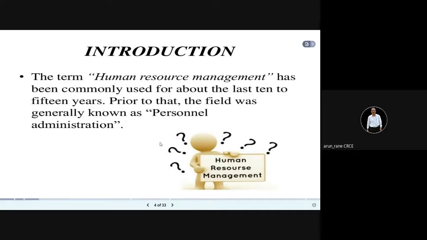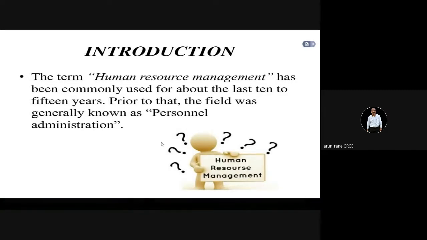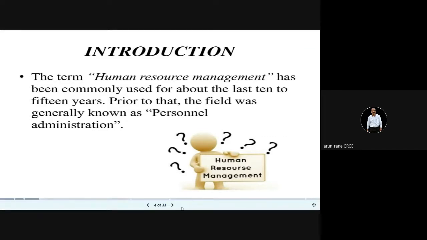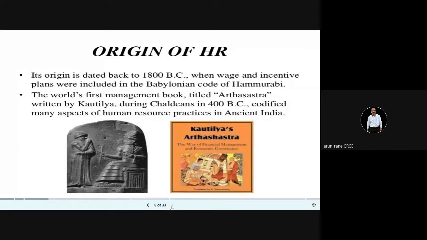So earlier it was personnel administration, now it is human resource management, because there is a difference between personnel management and human resource. There is something called Kautilya's Arthashastra, Chanakya Niti.